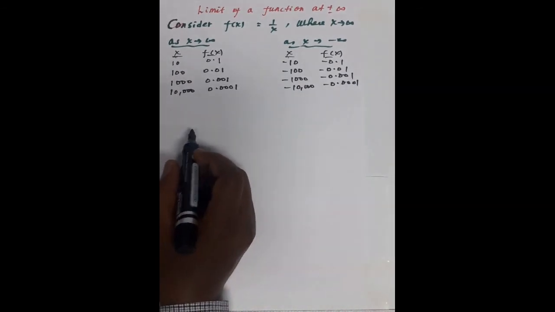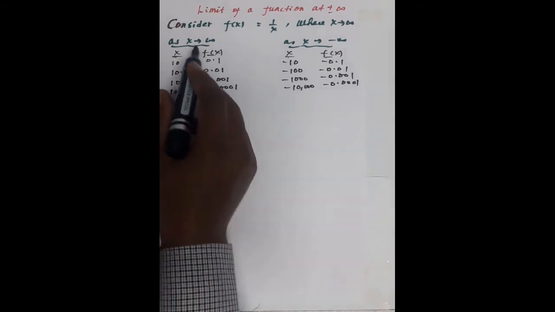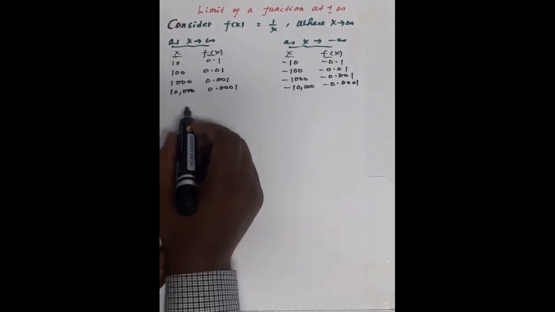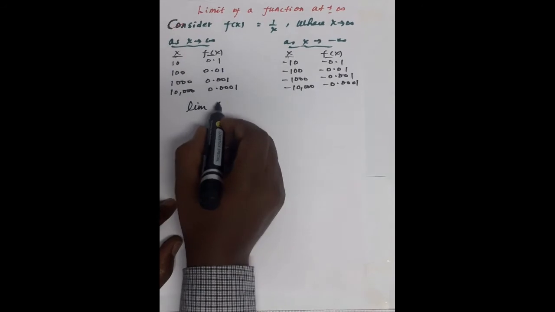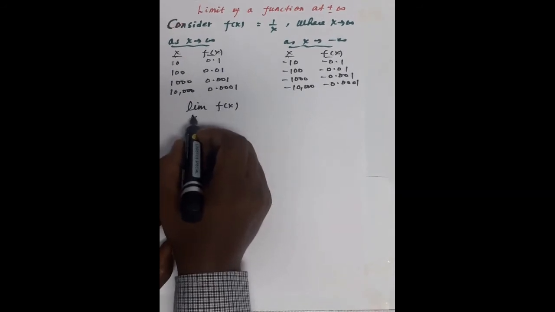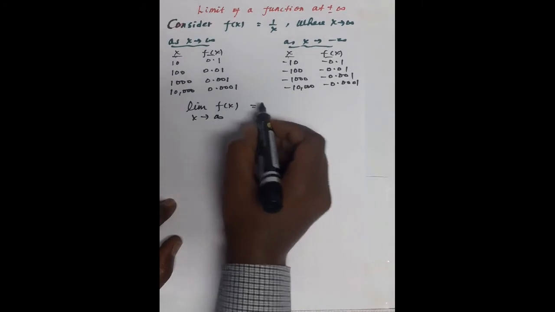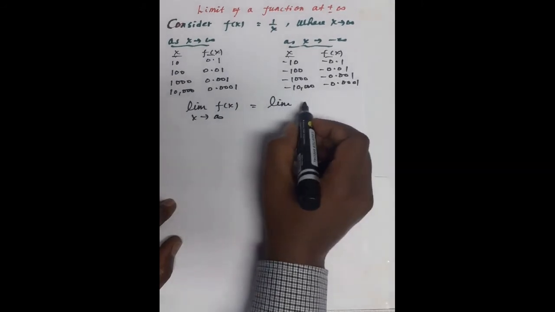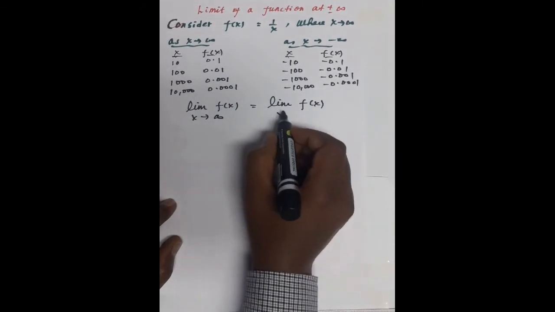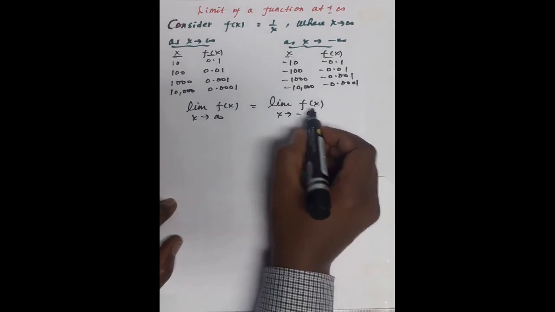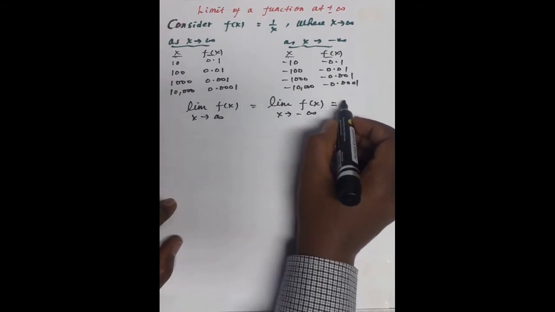So we can conclude from this table that the limit of the function f of x as x approaches infinity is equal to the limit of the function f of x as x approaches negative infinity, which is 0.